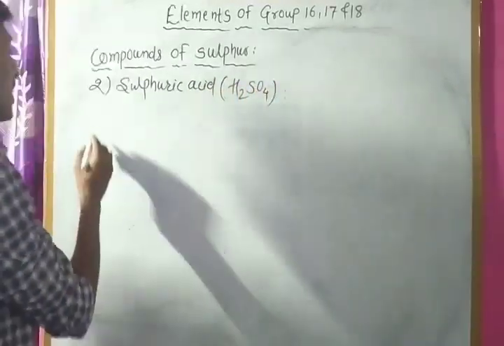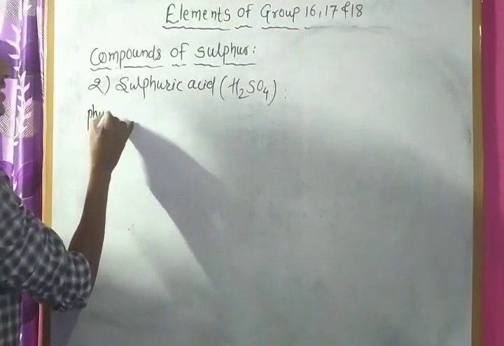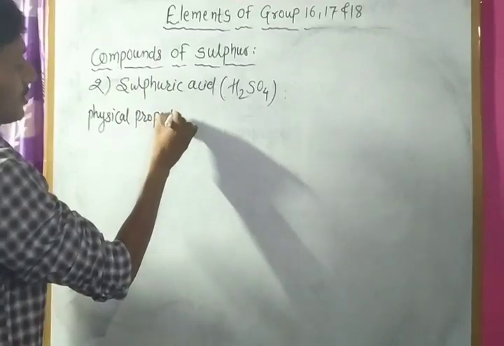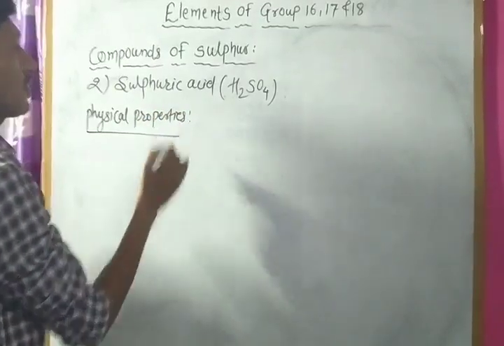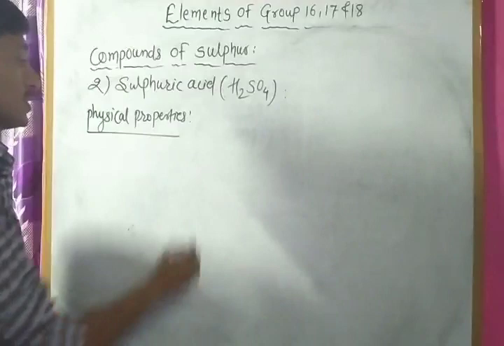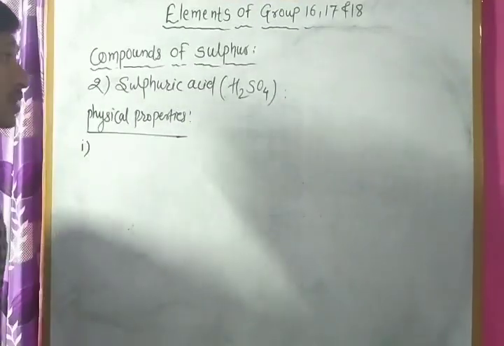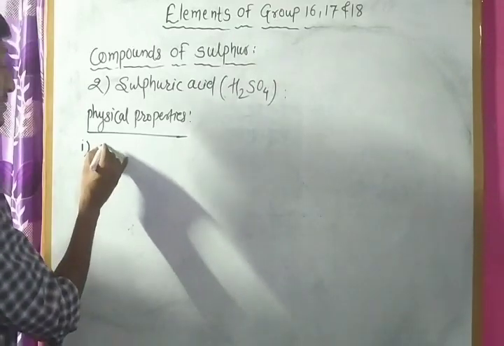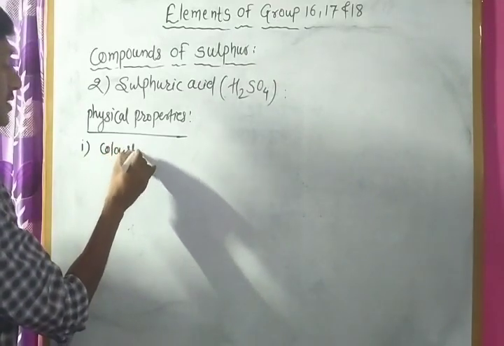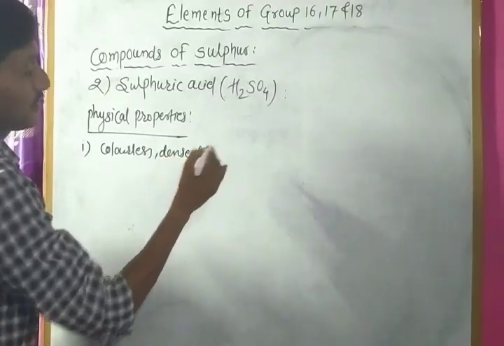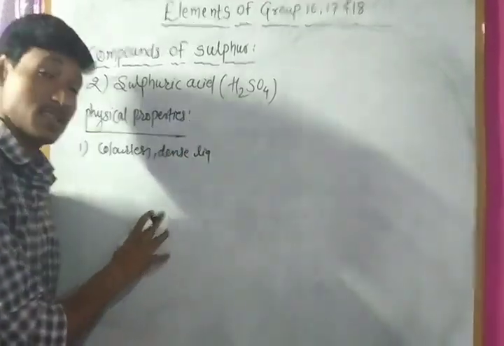Now we discuss the physical properties of H2SO4. So the first property is it is a colorless dense liquid.